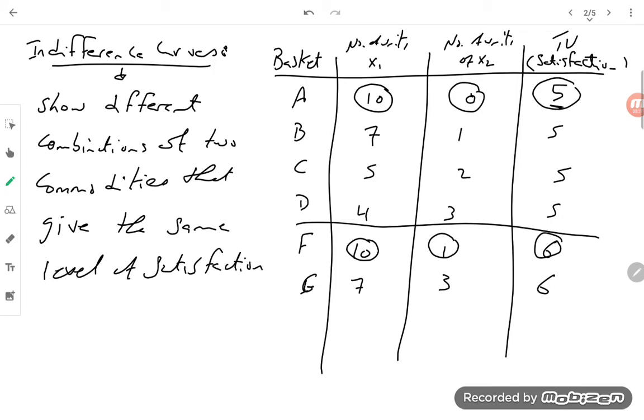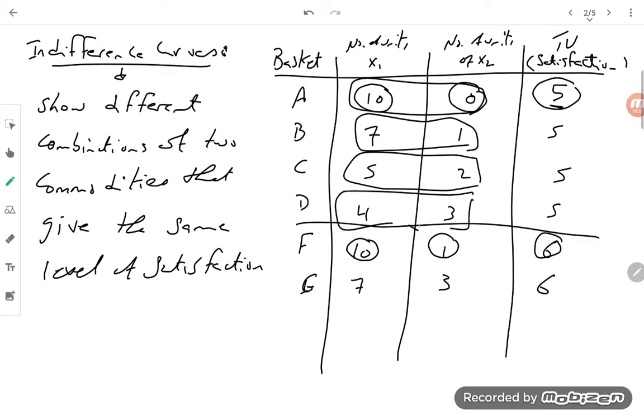So the indifference curve shows different combinations, combination 1, 2, 3, 4, of two commodities, X1 and X2, that give the same level of satisfaction.